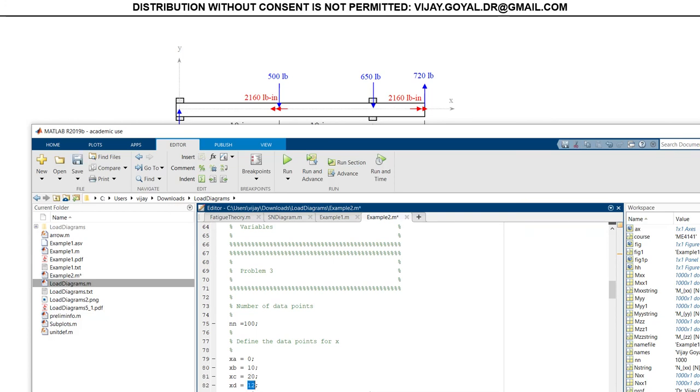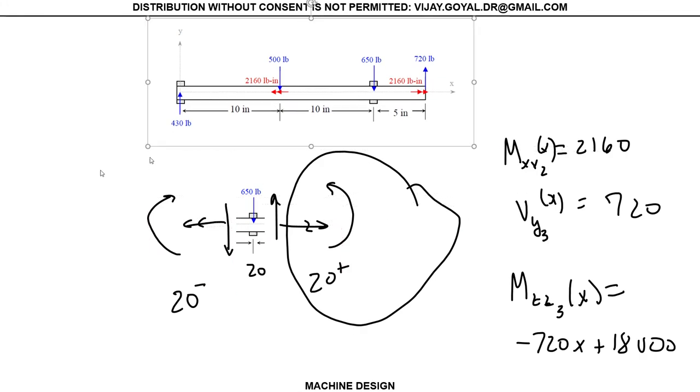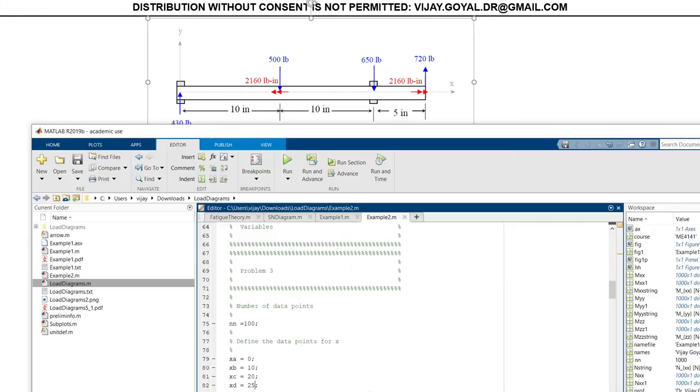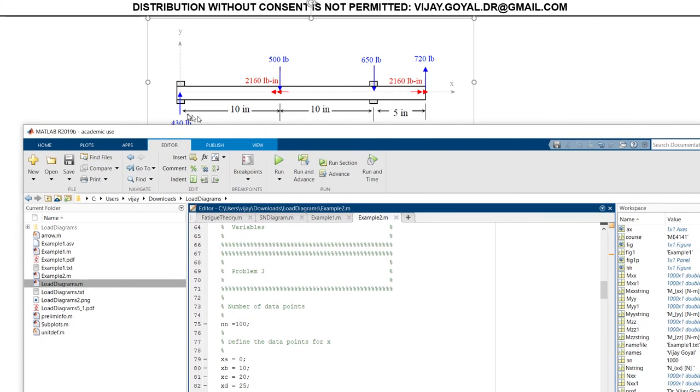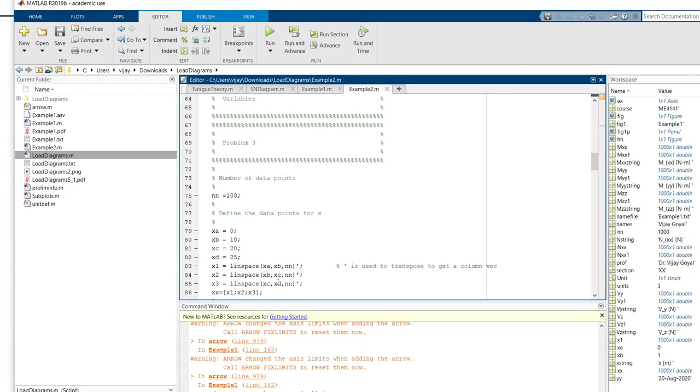The last one is 25. And you can see where these come from, right? This node is 0. This will be 10. This will be 20 because we are starting from here. This is 25. This is where it comes from. So I'm going to keep 100 data points in this example. You can put as many data points as you want. It doesn't matter. It's just going to take more time to do your plots.